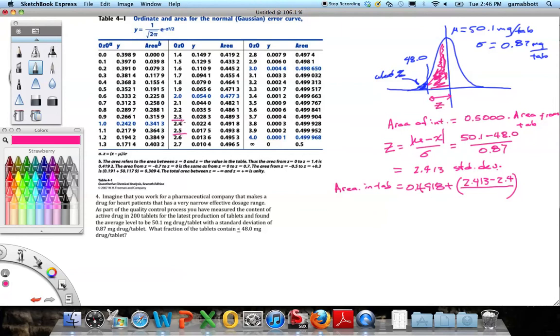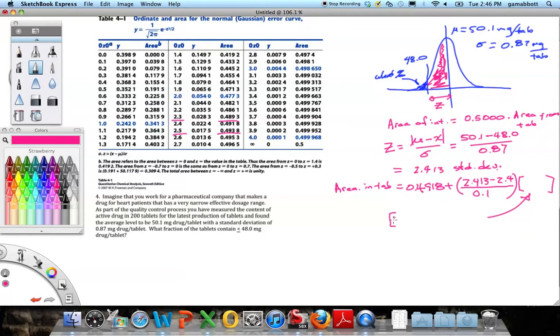And each value in the table is 0.1 standard deviation units different. So this times the difference in the area represented by our two areas associated with these closest z values. So what is that difference?